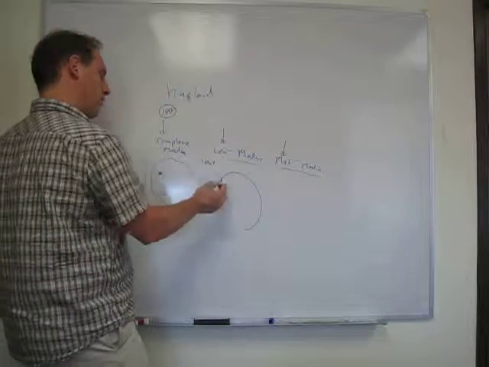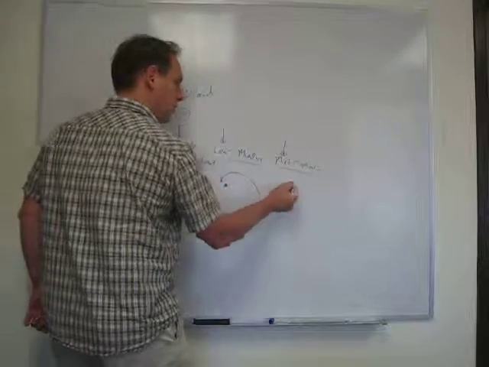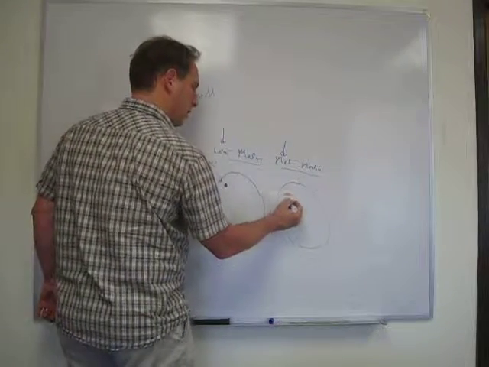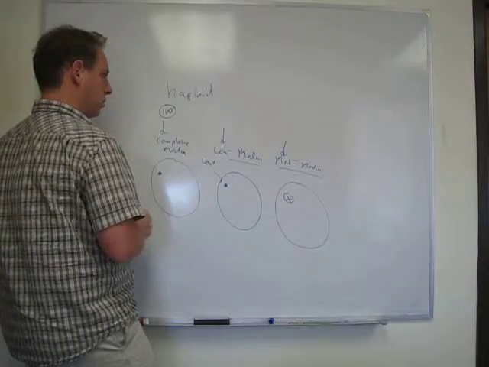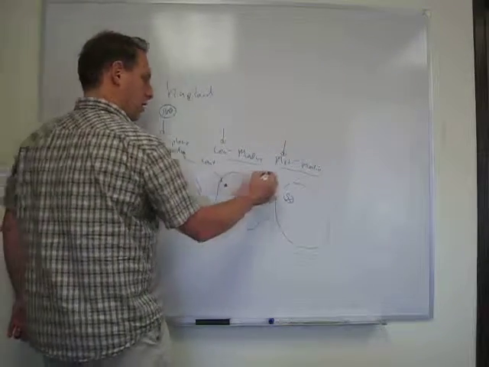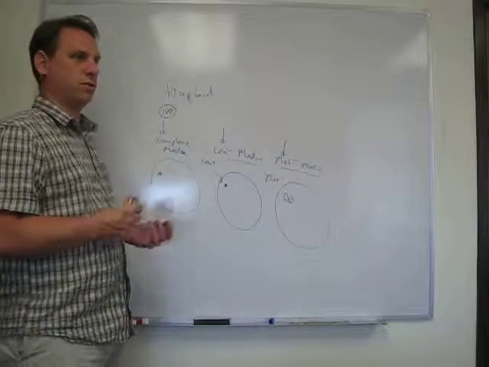But if that same one, copied from this complete media to met minus media, is unable to grow, then we would say that this particular spore that came out of that particular tetrad would be met minus. And that would basically be how you do your genotyping.